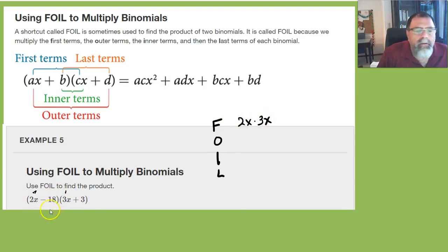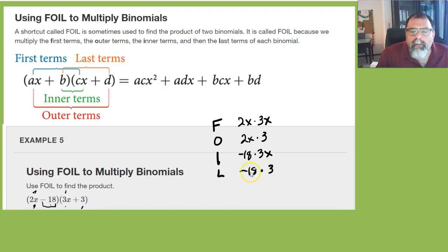The outside terms would be the 2x times the 3. The inside terms would be the negative 18. Remember, you have to think of this as plus negative 18 times 3x, sorry. And then the last terms are negative 18 times the 3.